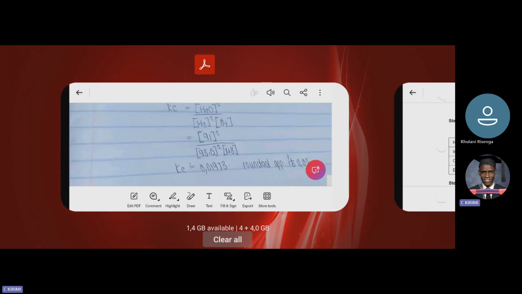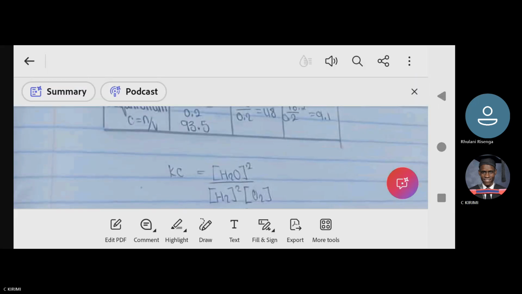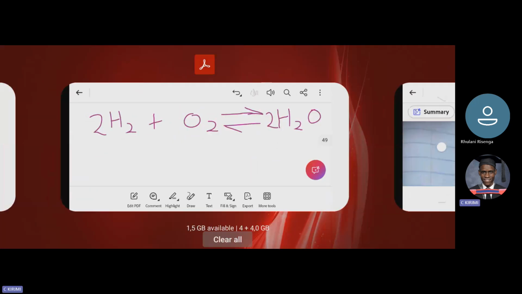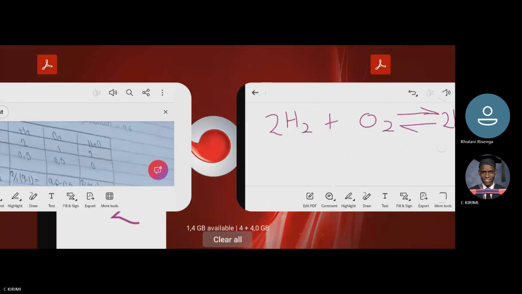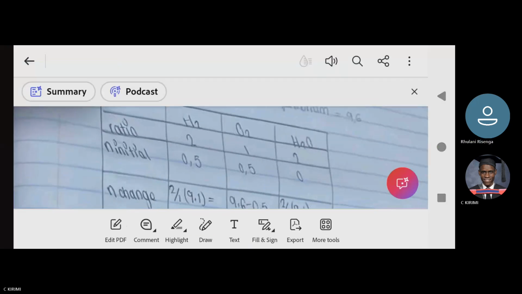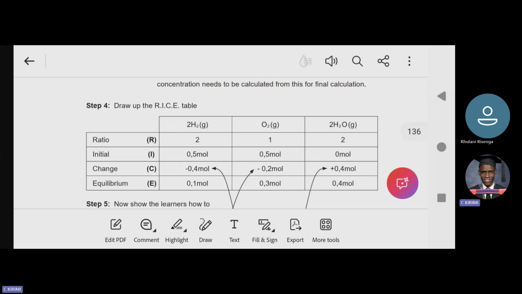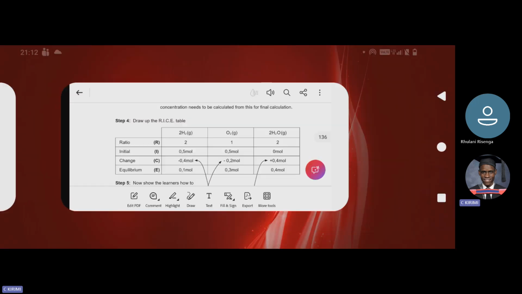So let's check the table. Your table and theirs. You see where you missed it. So hydrogen in ratio 2:1:2. So there it's correct. 2:1:2. Even also here. Then initially the number of moles 0.5, 0.5, and 0.